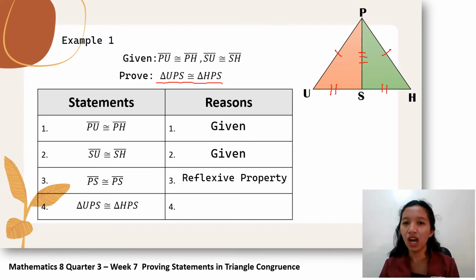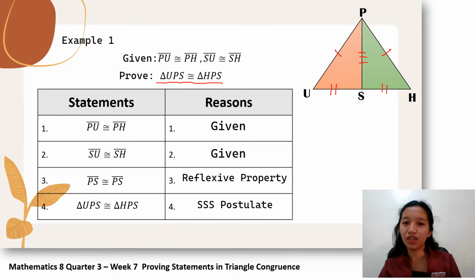So what must be our reason? Again, recall your past lessons about postulates, theorems, or definitions. What reason will satisfy our given statement here? What are those postulates? Postulates of triangle congruence. Or you can also be guided by this figure.